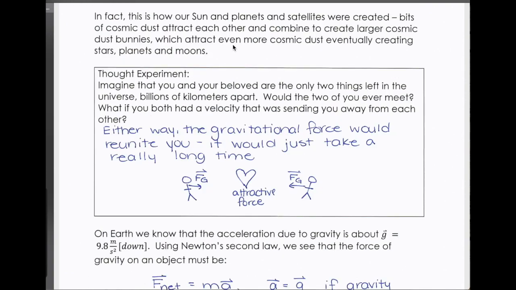Okay, so an interesting fact is that our sun and planets, they all were kind of formed because the cosmic dust after the Big Bang came together due to gravity to create these different objects, such as the sun, the earth, the different planets.